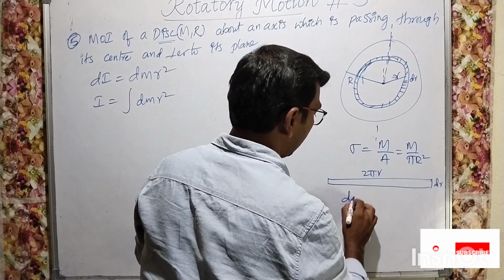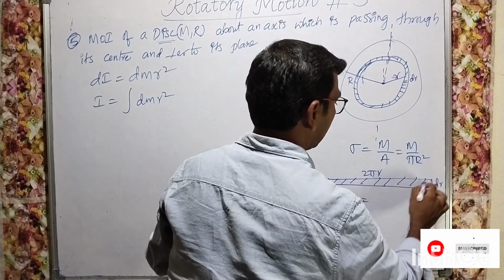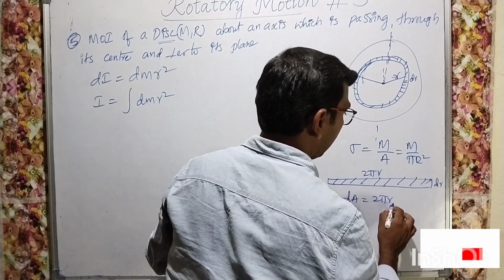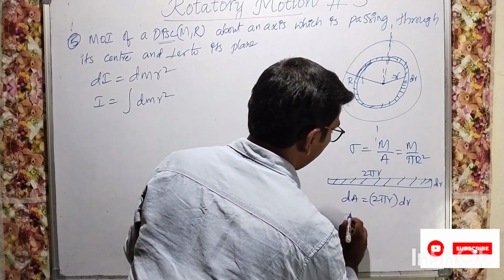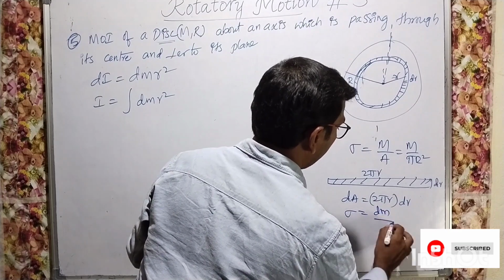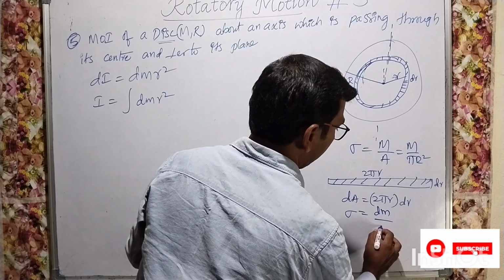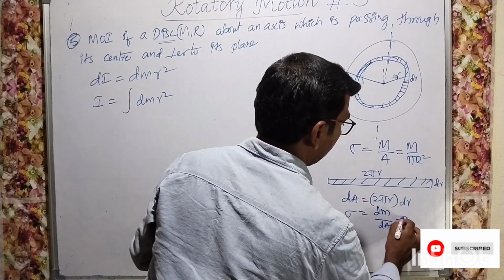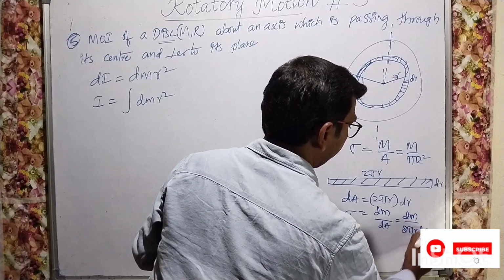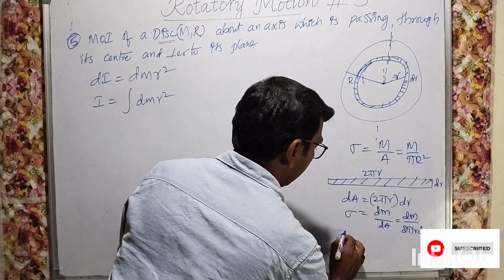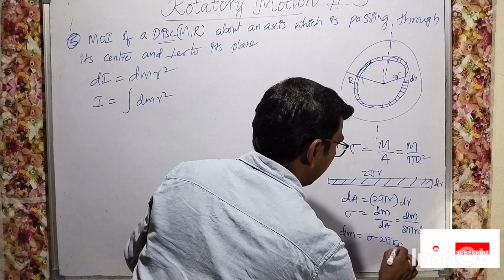So dA, the area of this element, is equal to 2 pi r dr. For the small element, sigma is equal to dm by dA, which is dm by 2 pi r dr. I want dm, so dm is equal to sigma 2 pi r dr.